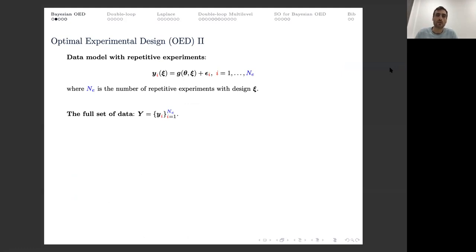So we collect these experiments in what I call here capital Y. And the total number of experiments is NE, and of course we don't change the experiment. If we are going to perform this experiment, let's say 10 times, we keep the model fixed, but we sample the error again and again.